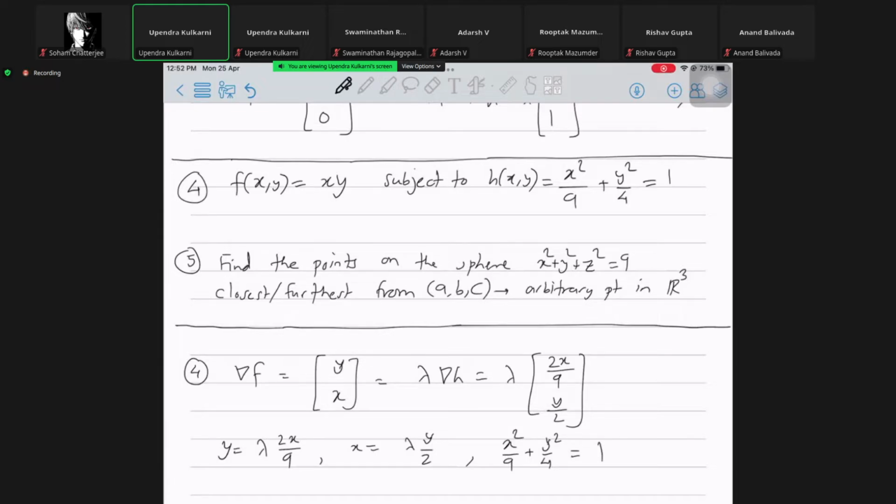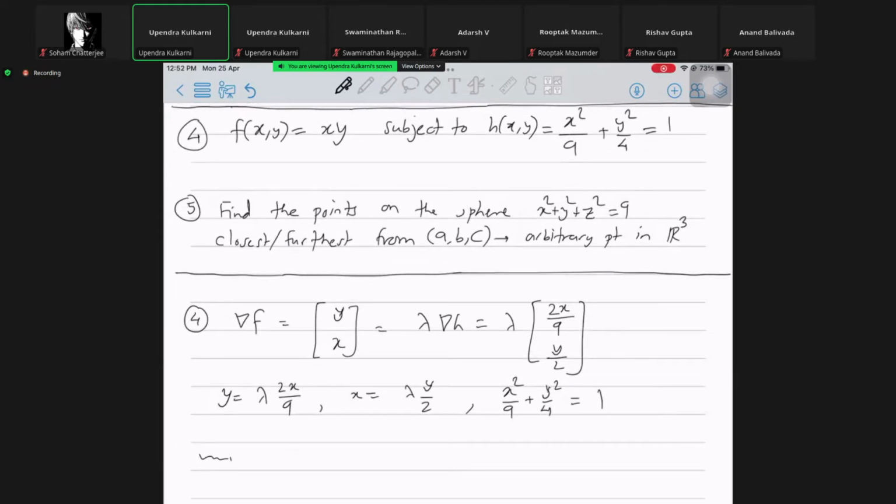So I'm just going to say algebra: lambda equal to plus or minus 3 or y equal to 0. If y is equal to 0, then x is equal to 0. Is that true? No. If y is equal to 0, what happens?